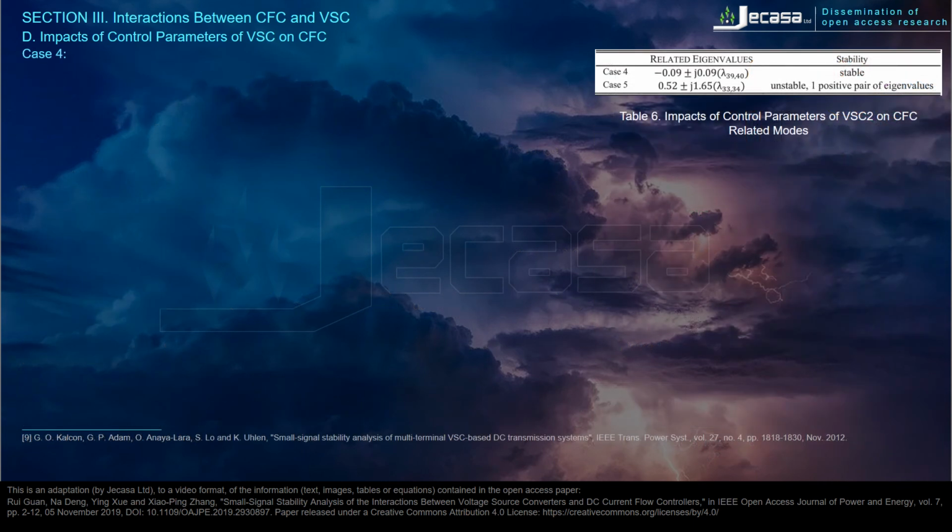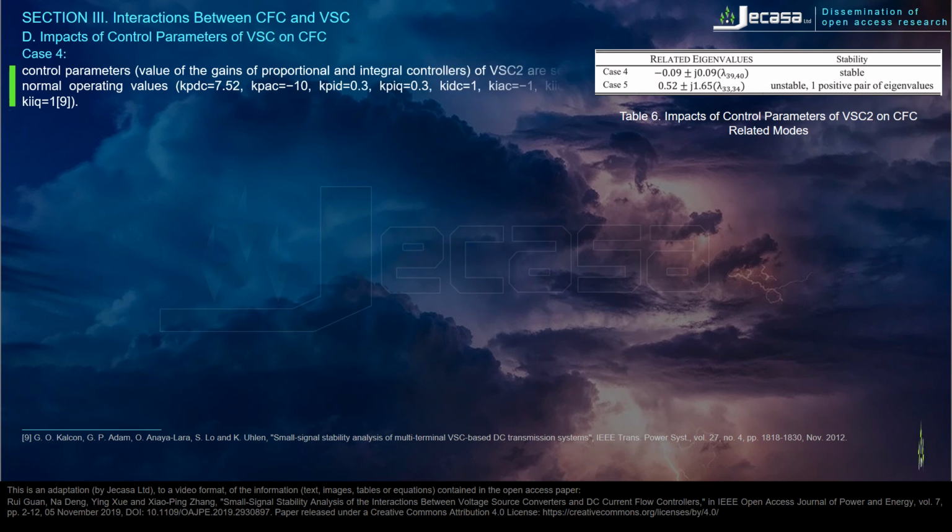Case 4. Control parameters, value of the gains of proportional and integral controllers of VSC2 are set to normal operating values, KPDC equals 7.52, KPAC equals -10, KPID equals 0.3, KPIQ equals 0.3, KIDC equals 1, KIAC equals -1, KIID equals 1, KIIQ equals 1. The system is stable. Case 5.